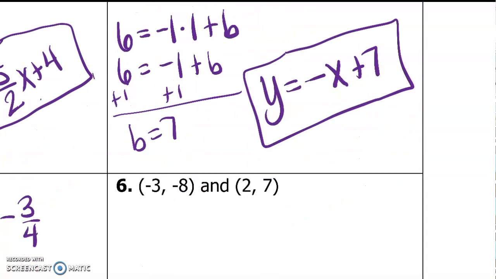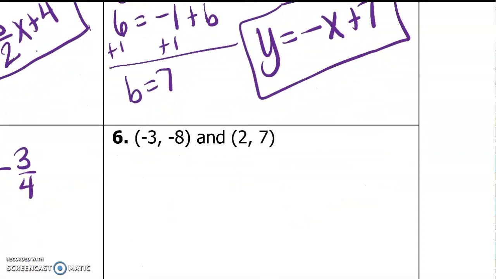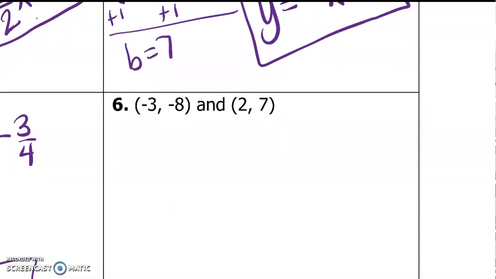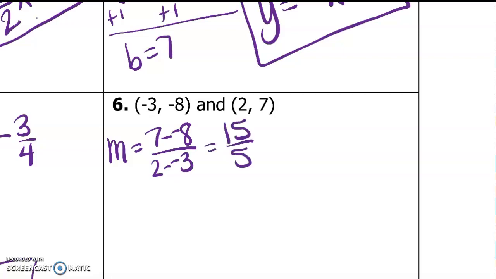At any time, you can pause and then come back and check your answers. Number 6, m equals 7 minus -8 over 2 minus -3. That would give us 15 over 5, which is 3.